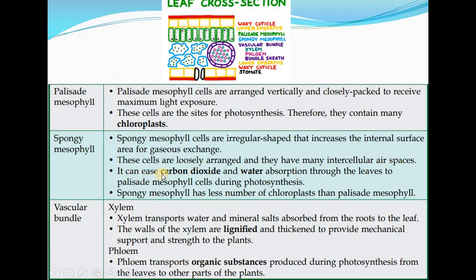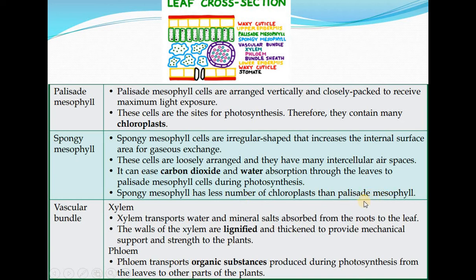So it can ease carbon dioxide and water absorption through the leaf to the palisade mesophyll cells during photosynthesis. Spongy mesophyll has a smaller number of chloroplasts than palisade mesophyll.